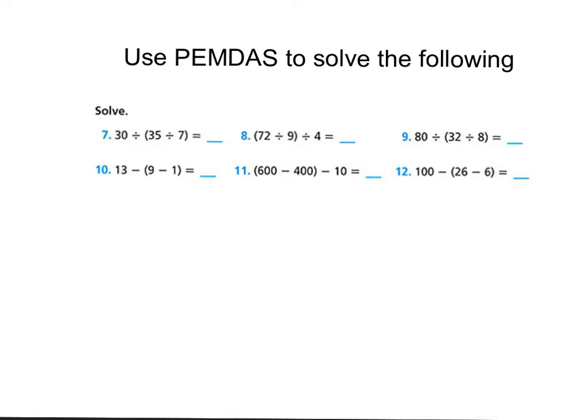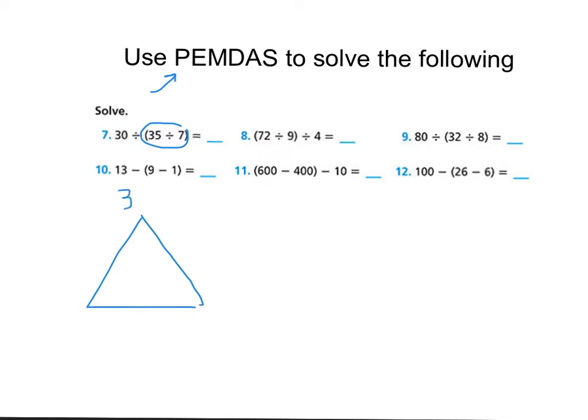I would like you to write down number 7 on your notebook paper. Once you've written that down, let's use PEMDAS to solve it. When I'm using PEMDAS, I first start with whatever is in parentheses. I see that 35 divided by 7 is in parentheses. Now, if you're not feeling confident in your division facts, try using one of our factor triangles.